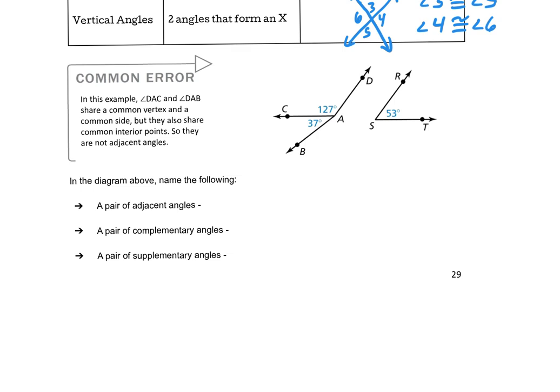So if I was going to name two adjacent angles here, I would have to go DAC and then CAB because they share side AC, right? AC is a ray that splits it. So a pair of adjacent angles, I would say angle DAC and angle CAB.